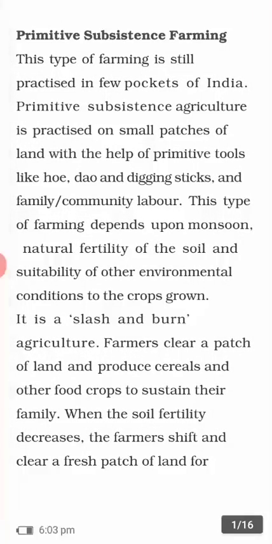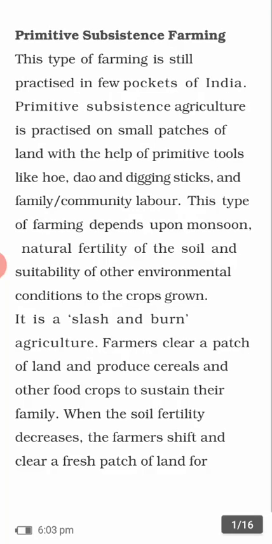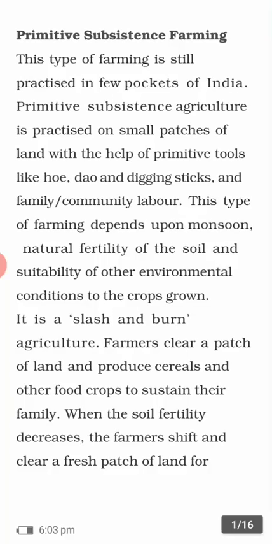For subsistence farming and for commercial farming, different techniques and tools are used. Okay, dear students, in primitive subsistence farming, what is actually happening is this farming is taken on a small plot of land, and in this piece of land, the farming is done and the produce is produced by the farmers themselves for themselves.